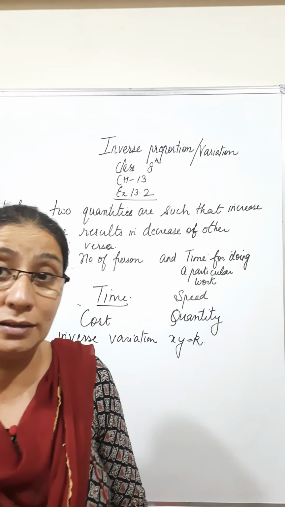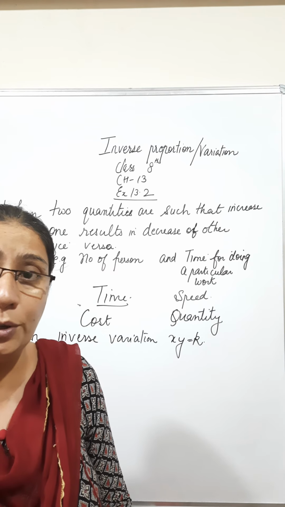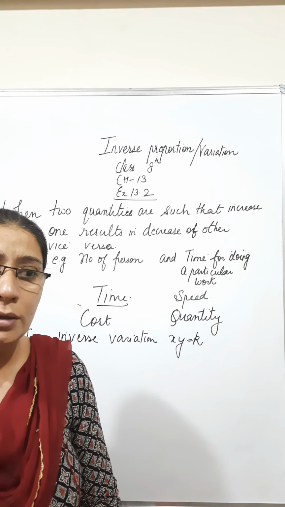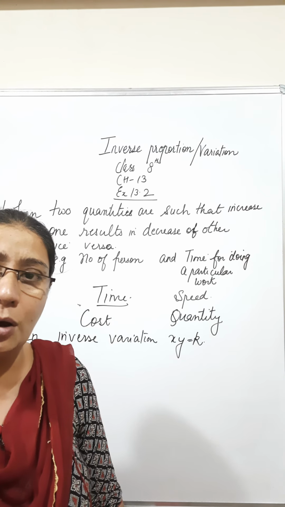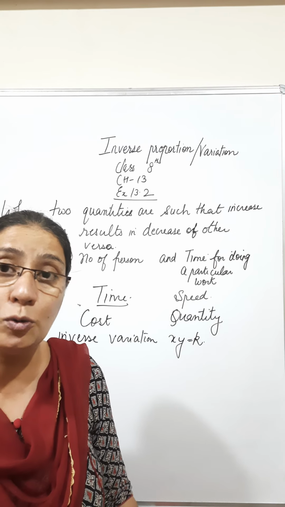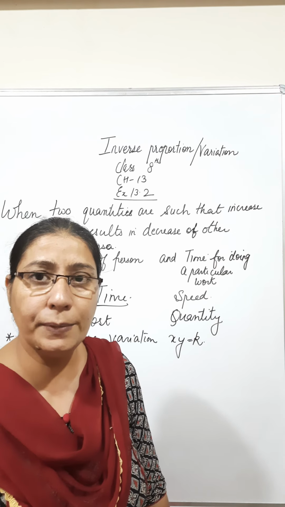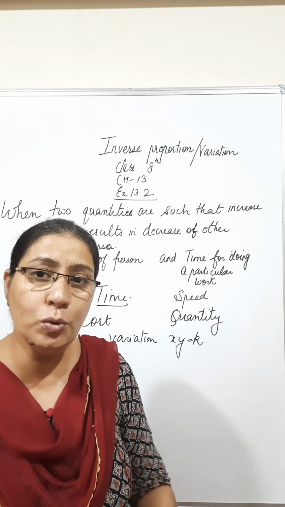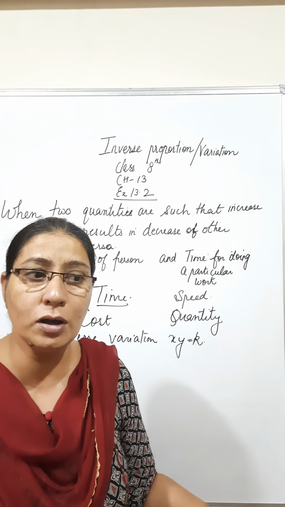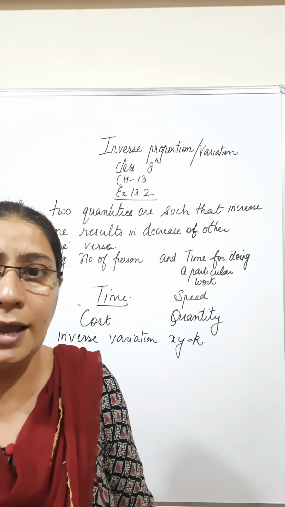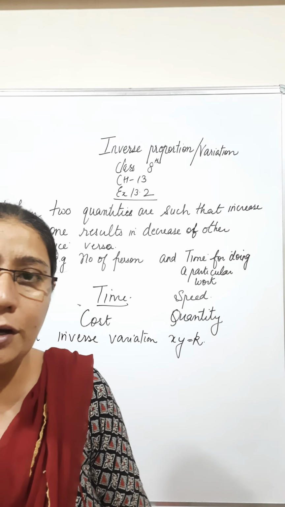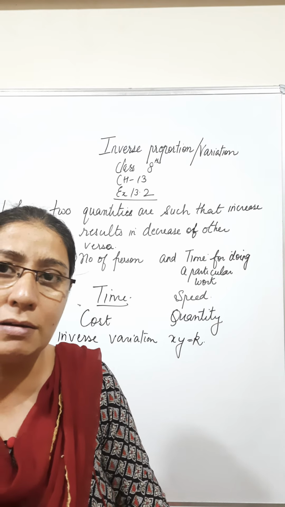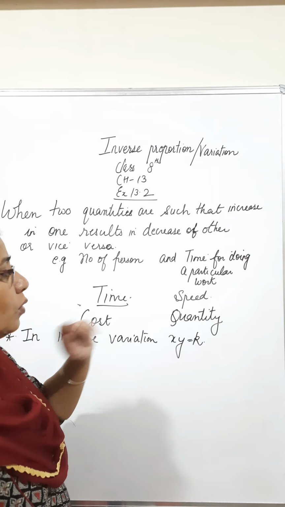Now you went the other day and you asked the shopkeeper what is the cost of 1 kg, and the shopkeeper told you that no, it is not 50, it is now 70 rupees per kg. So what will happen? Because you have that fixed amount of money in your pocket, you cannot buy 2 kg now, because when the cost of the article has increased, the quantity that you can buy for the same amount of money will decrease. So therefore, cost and quantity.